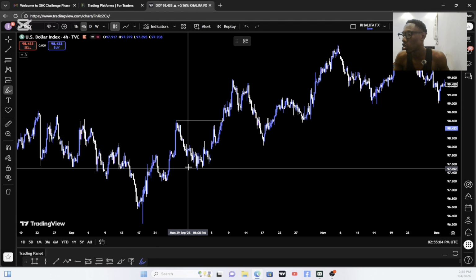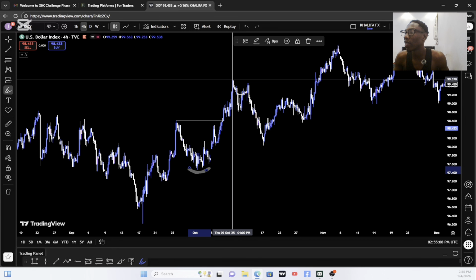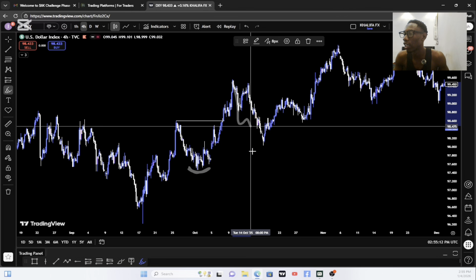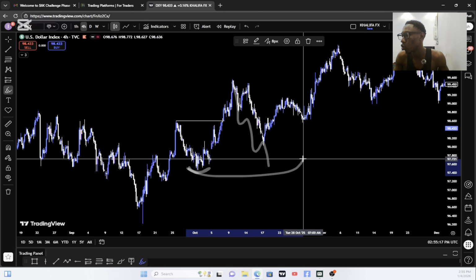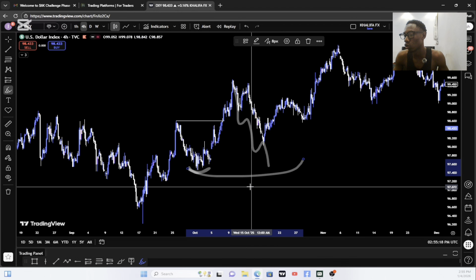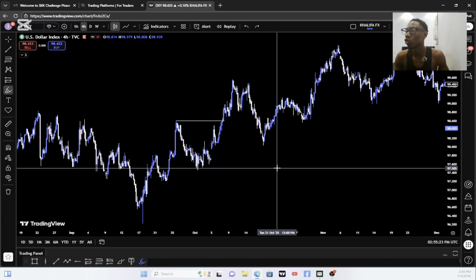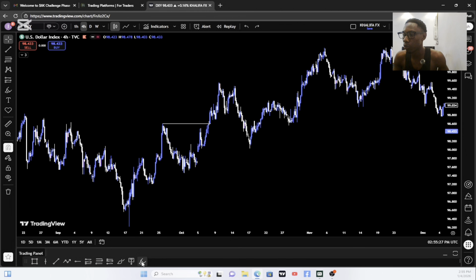It is this low. So this low is our strong low. If price starts to pull back, we expect it to pull back as much as it wants, but we don't expect it to break this low, right? Because this low is a strong low. It did its job, right? It's done its job.